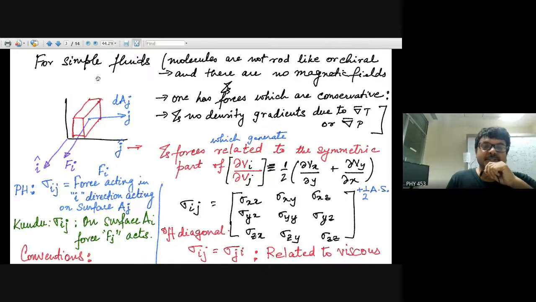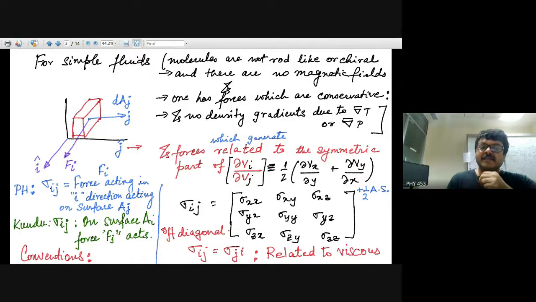For simple Newtonian fluids, where molecules are not rod-like or chiral, and there are no magnetic particles inside the fluid, which could lead to additional complications. And if one has forces which are conservative, and suppose there are no density gradients, we are not at the moment considering density gradients due to grad T or grad P, right?